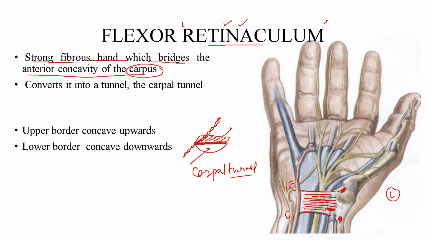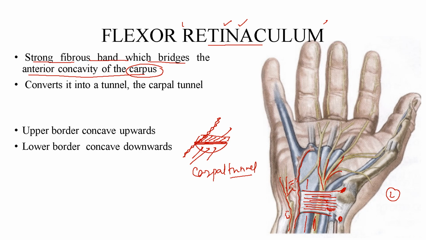As in this diagram, you can see the ulnar artery and the ulnar nerve lying above the flexor retinaculum, while inside the tunnel there are the long flexor tendons. Then you can see one important nerve, the median nerve. These structures lie below the flexor retinaculum, through the carpal tunnel.